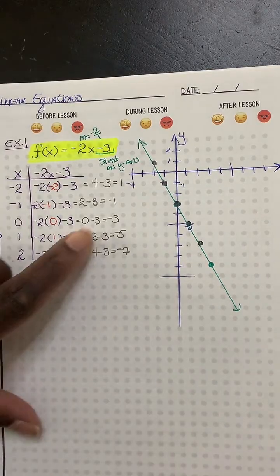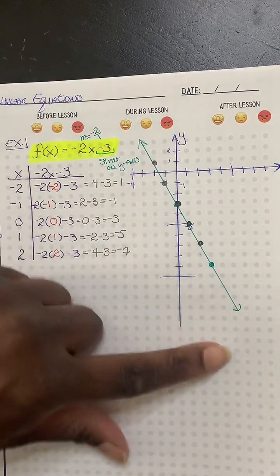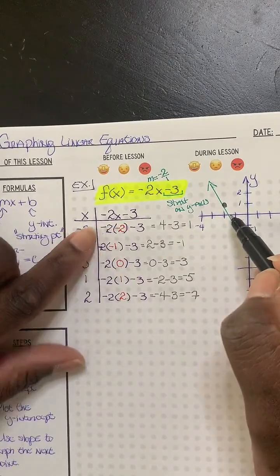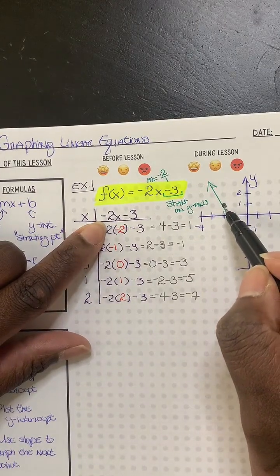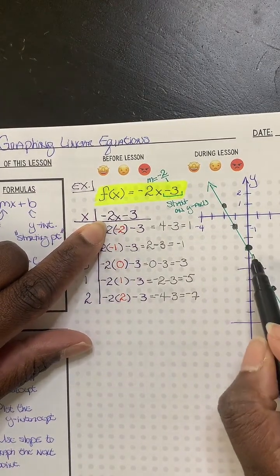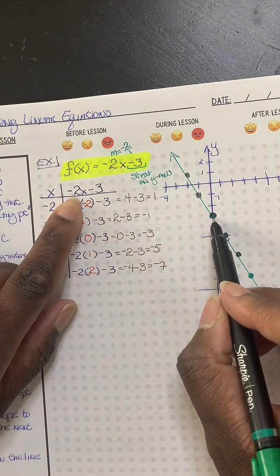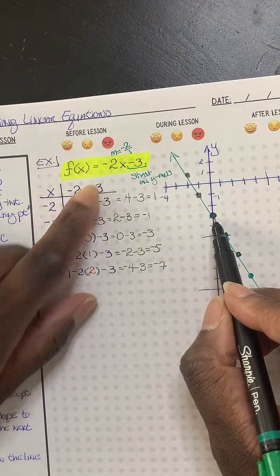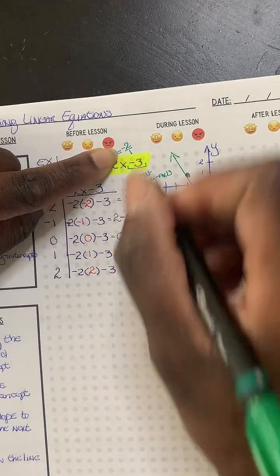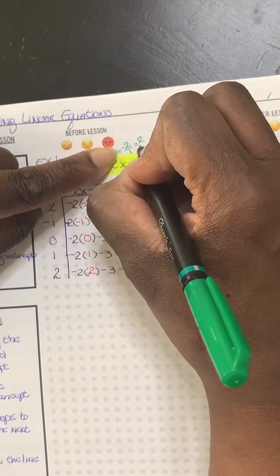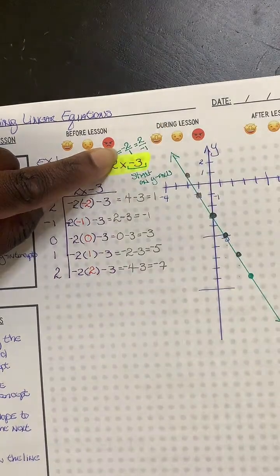Now, if you ever feel that you don't have enough room down below, as some graphs will, we can follow the pattern going the other direction. If I started here at my y-intercept and my slope was -2 over 1, I can switch that to a +2 over -1.